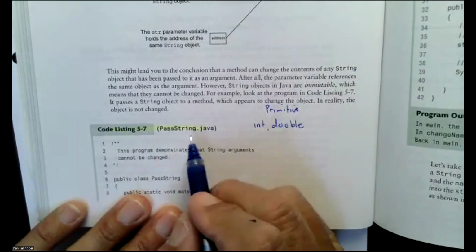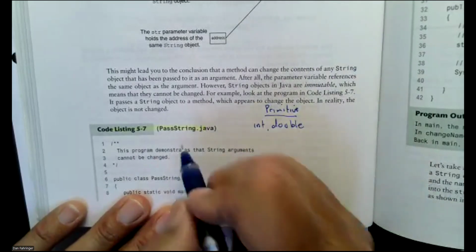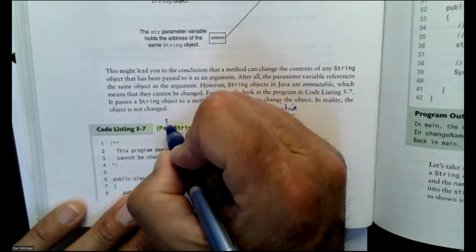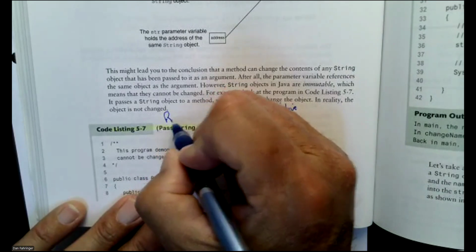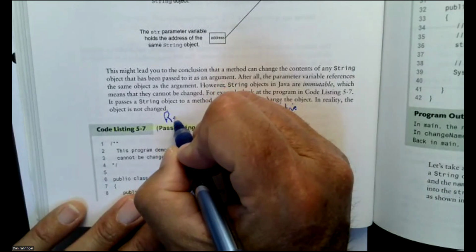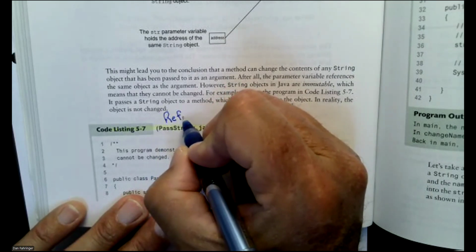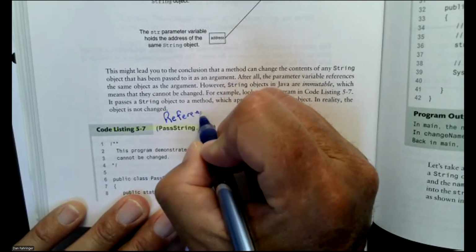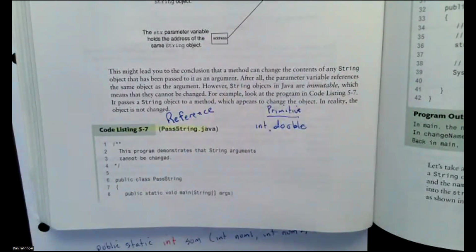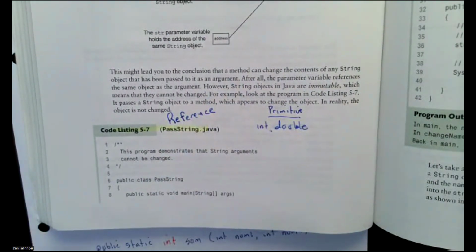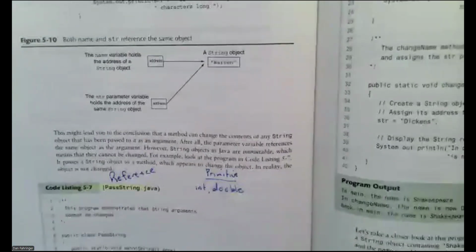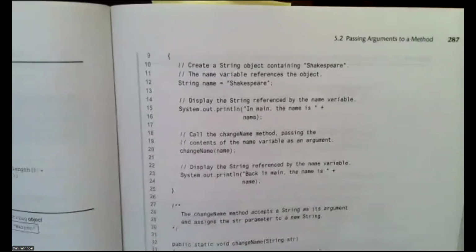Does anybody remember what a string was called? Then I'll just say it. A reference. Remember, the string has an address. So we're going to check this out because it's not always kosher.